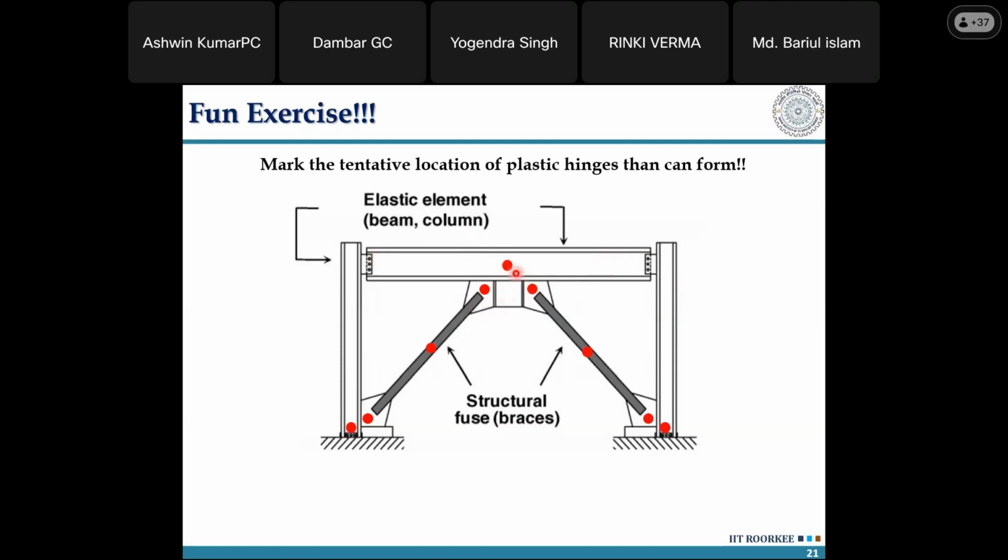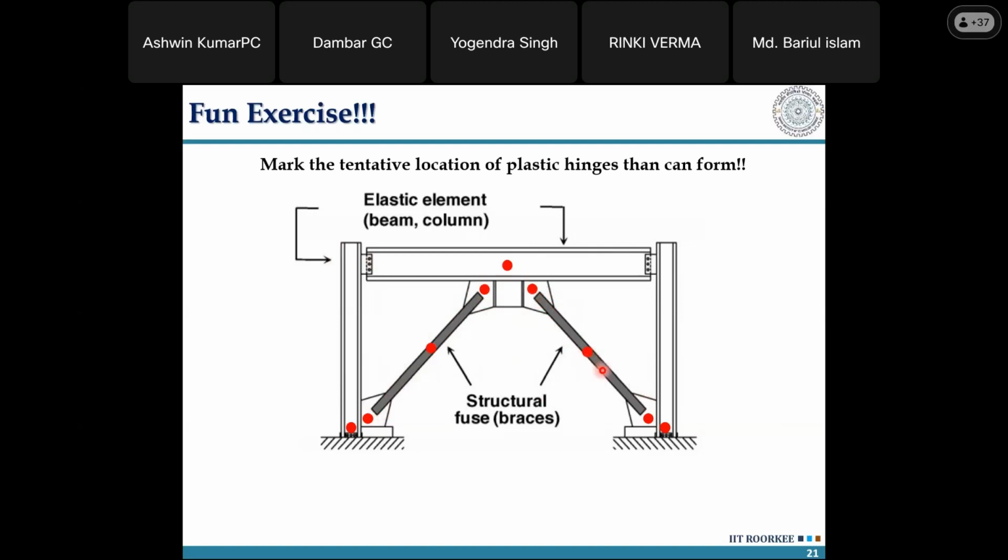Now, why is this critical? You remember the undesirable behavior where one location was shown where the middle of the beam failed. That is because if the earthquake comes from left to right, this particular brace is in tension and this particular brace is in compression. I repeat, if the earthquake comes from left to right, this brace is in tension and this one is in compression, right? Everything is well and fine. But let's say the load increases: the right side brace will buckle.